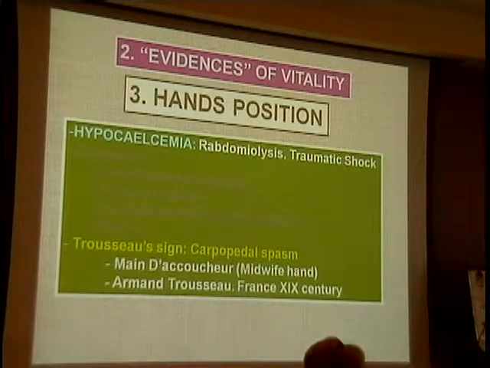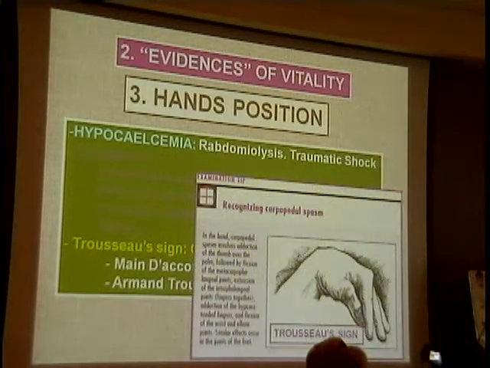What it means is that when there is hypocalcemia, it can produce a carpopedal spasm, which implies the contraction of the muscles in the zone of the hands and wrist, and depending on the degree of the hypocalcemia, you can get a different position.